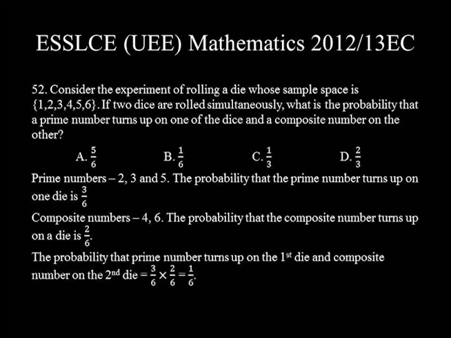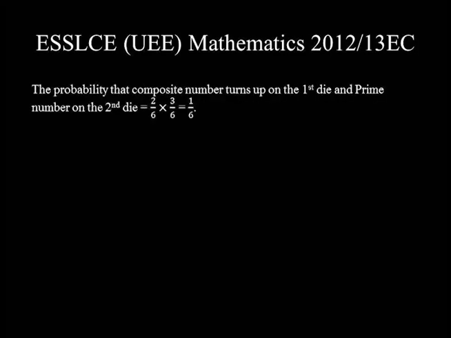Thus, the probability that a prime number turns up on the first die and a composite number on the second die is equal to 3 over 6 times 2 over 6, which is 1 over 6. The probability that a composite number turns up on the first die and a prime number on the second die is equal to 2 over 6 times 3 over 6, which is again 1 over 6.